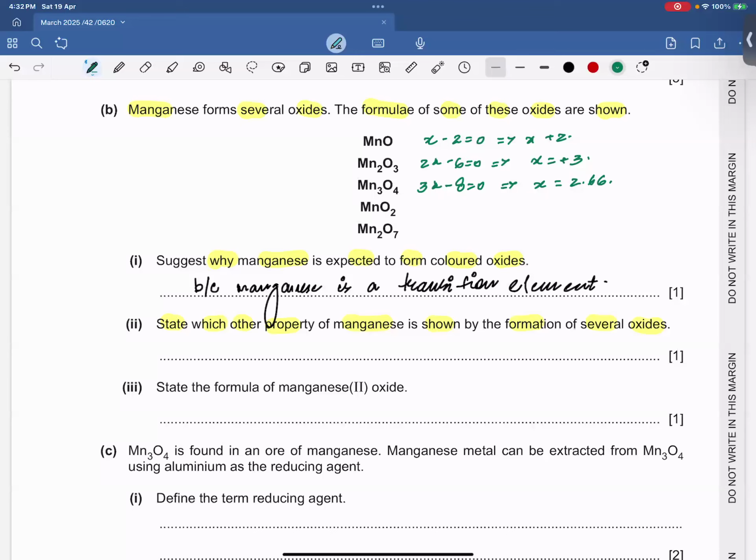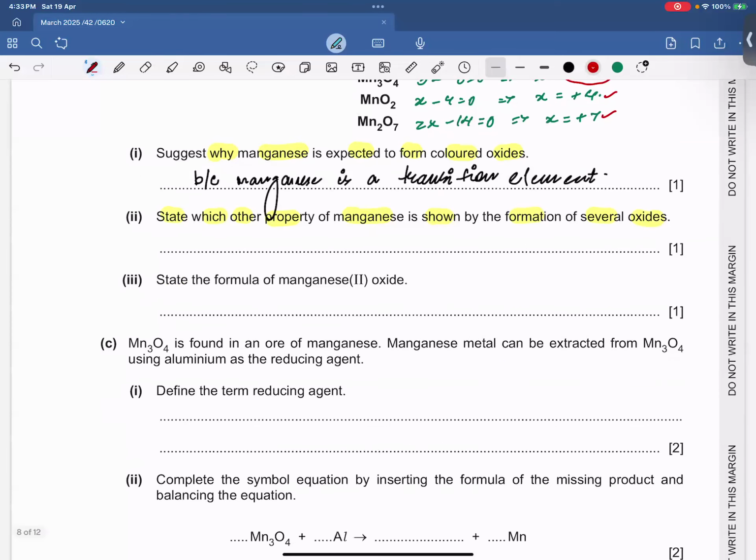You can ignore that. For MnO2, x minus 4 equals 0, then x equals +4. And then 2x minus 14 equals 0, then x equals +7. Now, except this, look at these values.